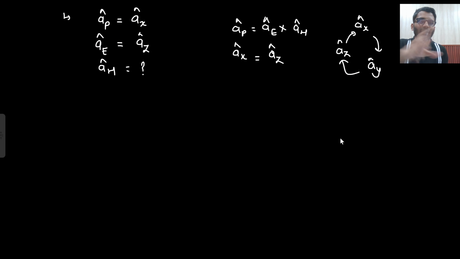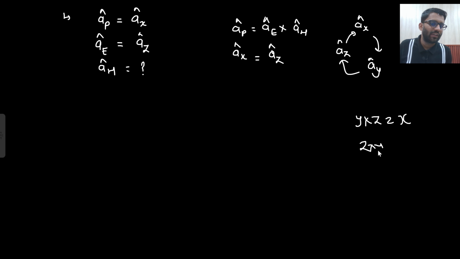So what will be the direction of H? What do I know? Z cross Y will give me minus x, because Y cross Z gives me x. So if here I put aY cap, the answer will be minus aX cap.